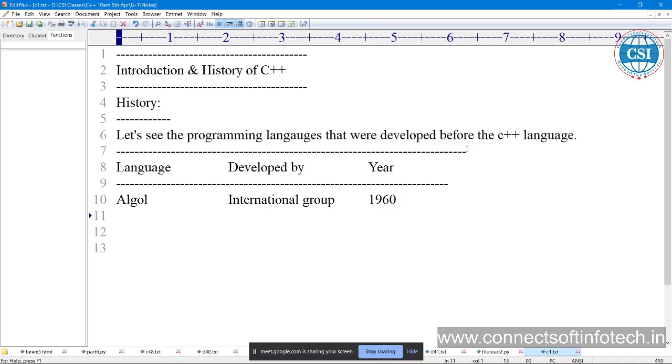IBM is there as well. Then BCPL, Basic Combined Programming Language.